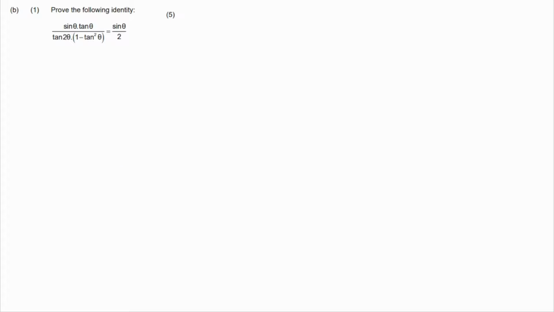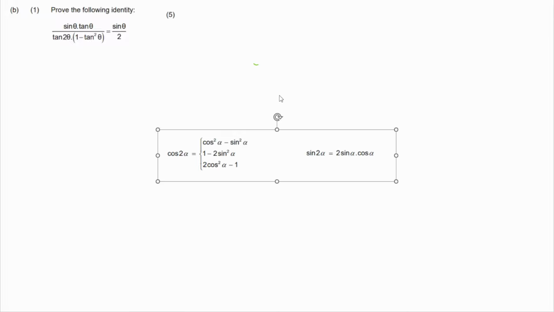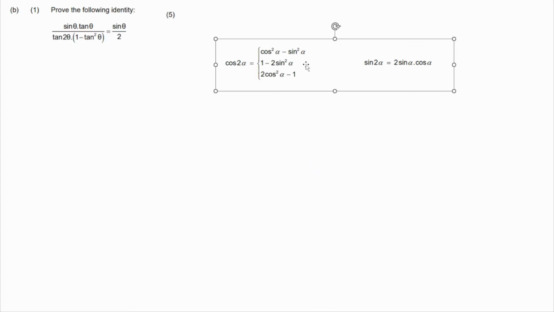What I mean by that is, if I show you on the formula sheet, if we have cos 2 theta, you see how we have 3 conversions. It's not always immediately obvious which one of these we need to choose. Whereas if we have sine of 2 theta, there's only 1 conversion.